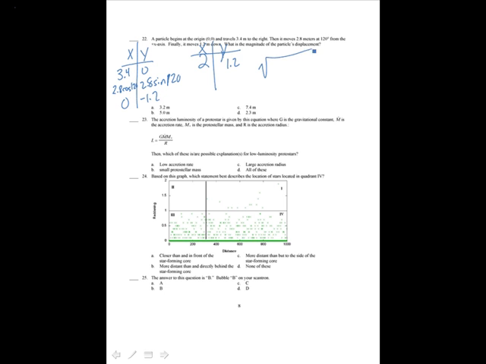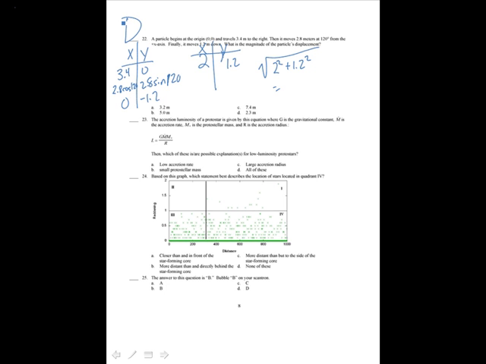I'll just do it just like I did before. 2 squared plus 1.2 squared, and that is 2.3, which is D.